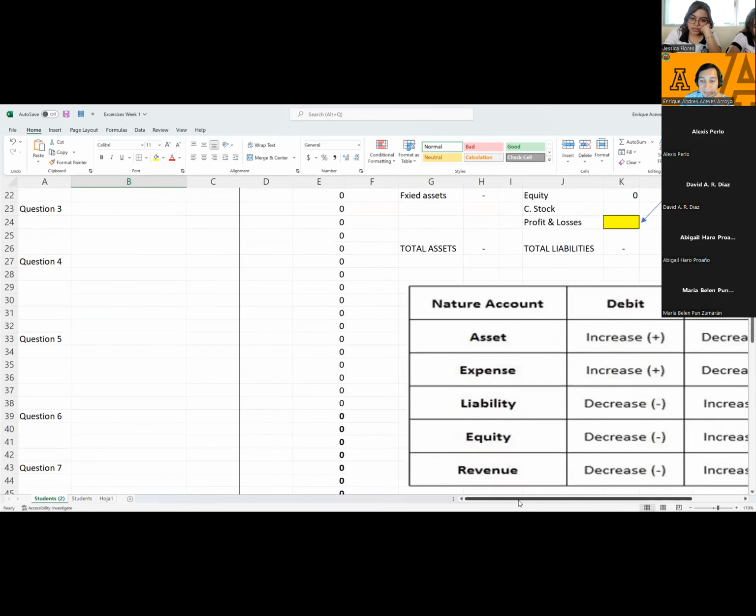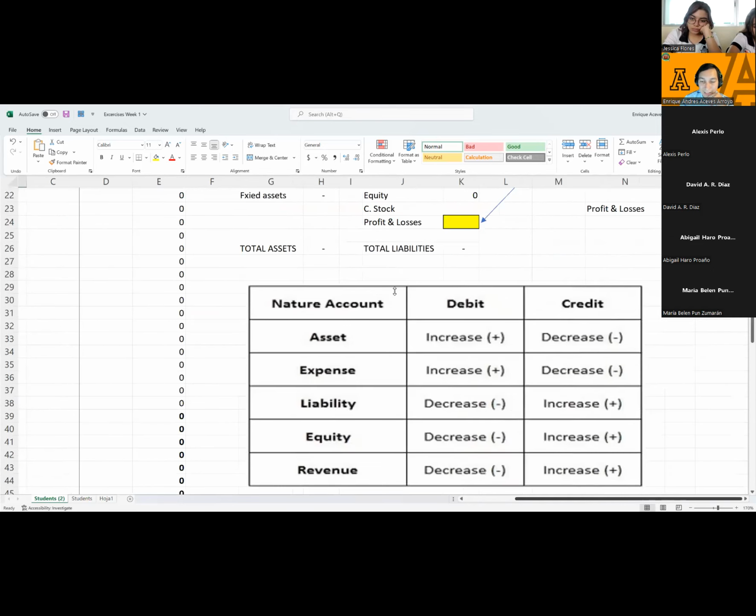From this table, how would you classify the money that I'm receiving, guys? An asset? Why an asset? Sorry, Abigail. Because the company is receiving the money.